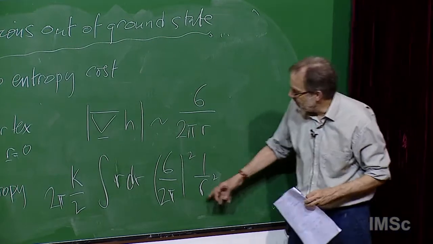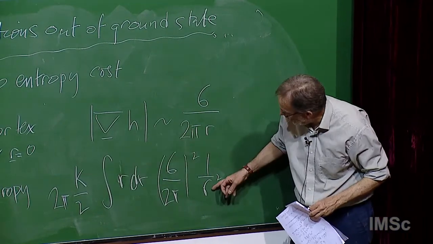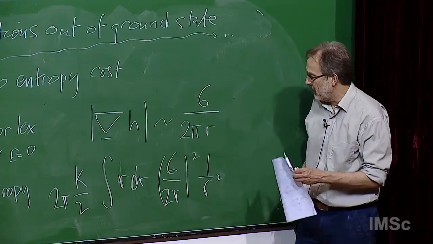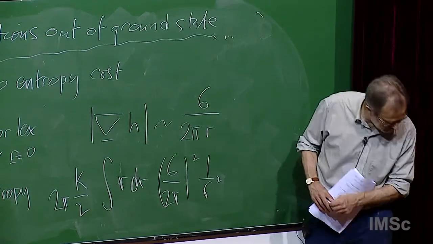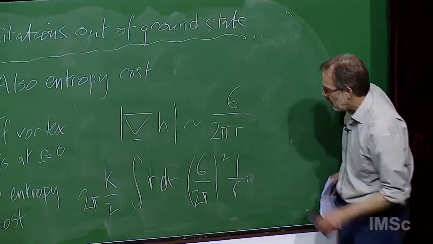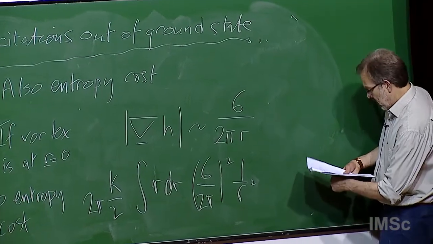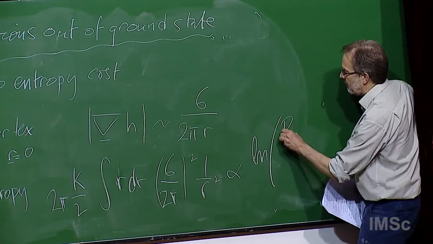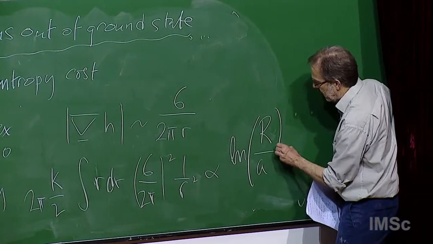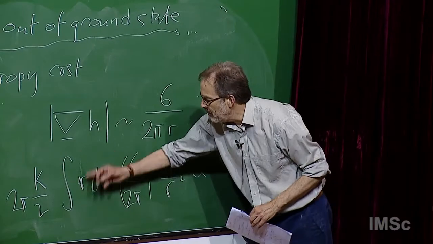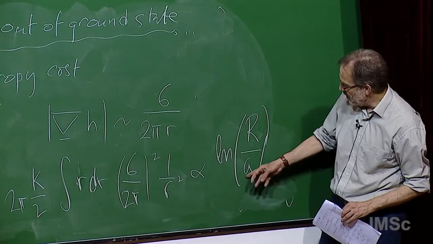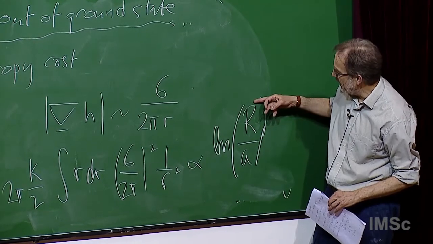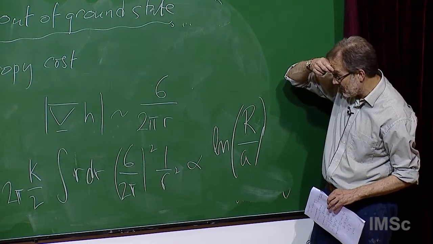So the important thing is that I have an integral dr over r, so that gives me a logarithm. I have some maximum and minimum as limits on this integral, and the minimum will be something like the lattice spacing, and the maximum will be set by the system size.